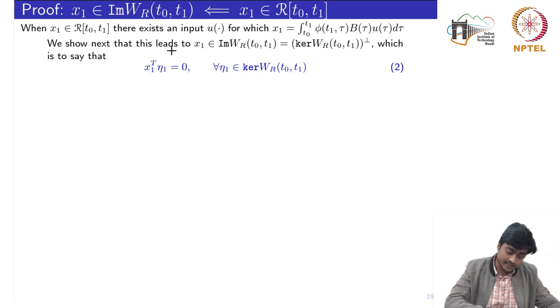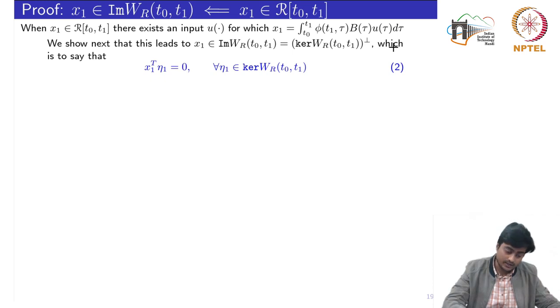Now we show next that this also leads to x1 belonging to the image of WR, and using one of the previous results, I could replace this image of WR by the orthogonal component of the kernel of the transpose of that matrix. Now since WR is symmetric already, I have directly written WR. Otherwise it should be the transpose of the WR.